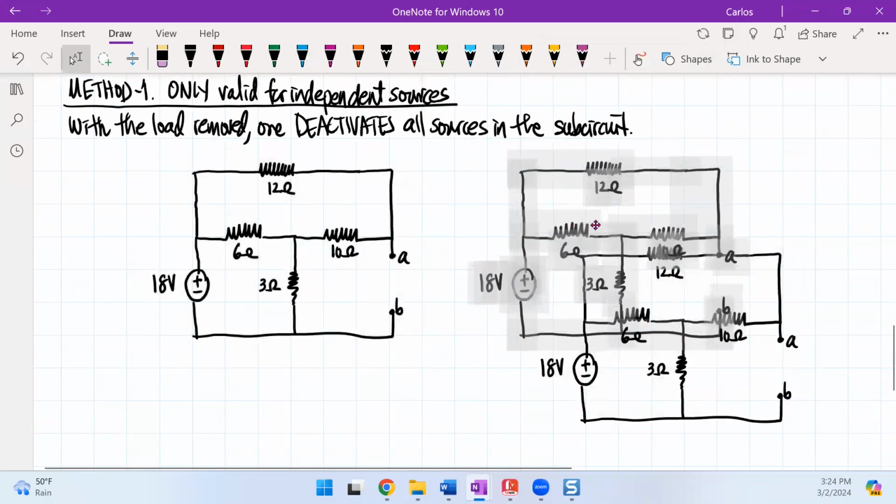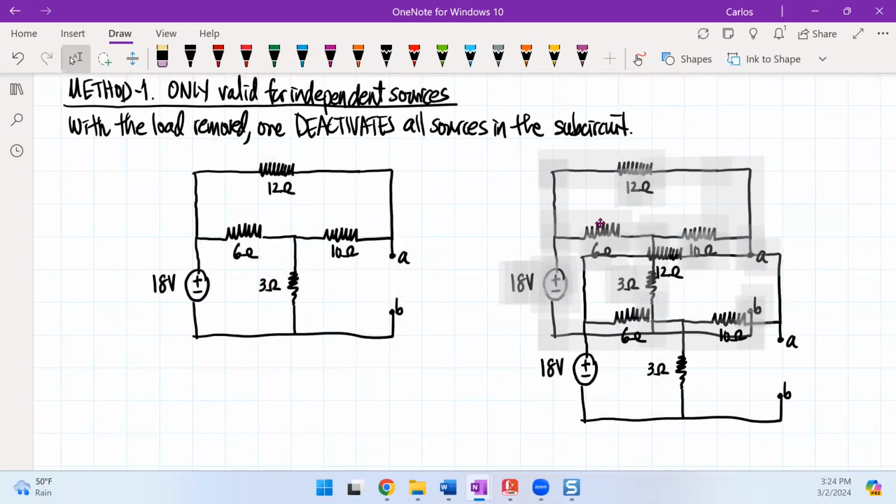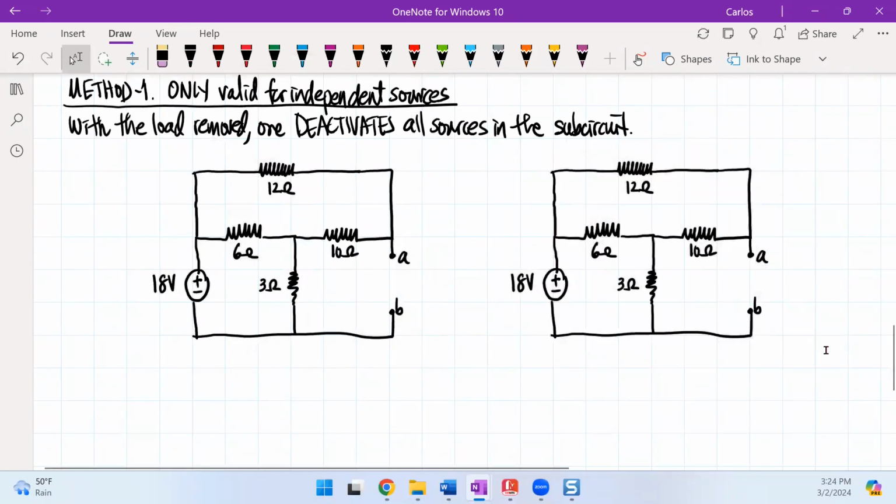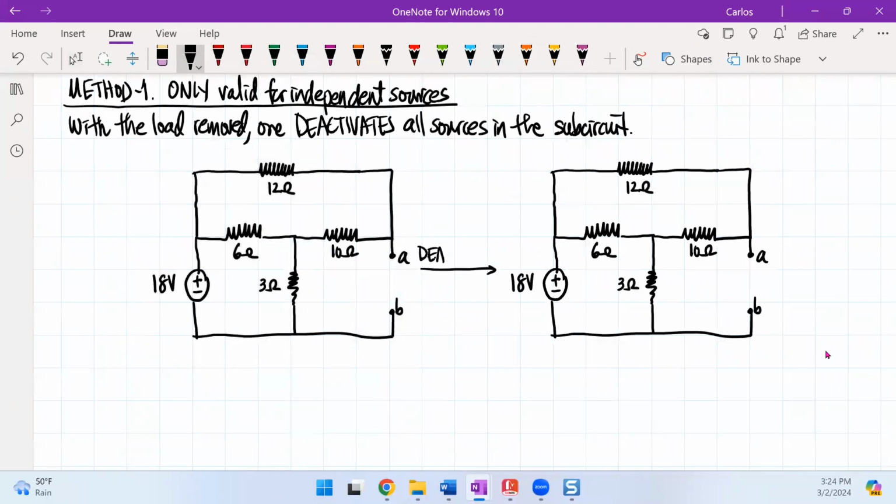The word deactivate means that we deactivate the 18-volt source, which means I have to remove it from the circuit. And now I place a short.